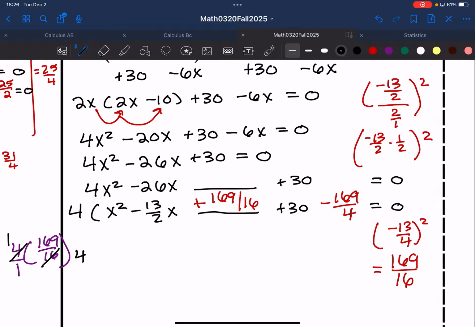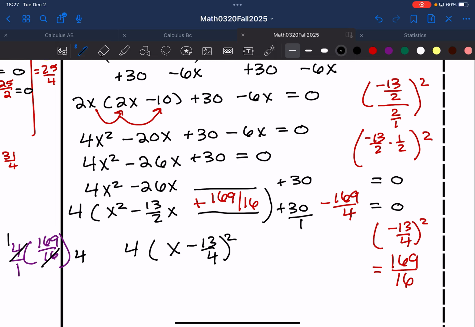Okay, and I forgot my parenthesis right here. And then now that I have this, I know I have that perfect square. So this is going to be 4 times x minus 13 over 4 squared. Okay, and then I have to combine the 30 and the negative 169 over 4 by writing this 30 over 1 and then getting a common denominator of 4.